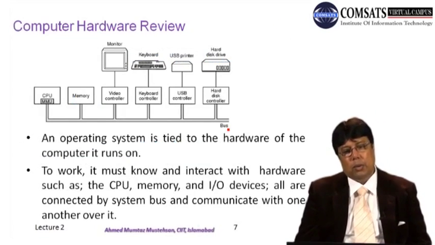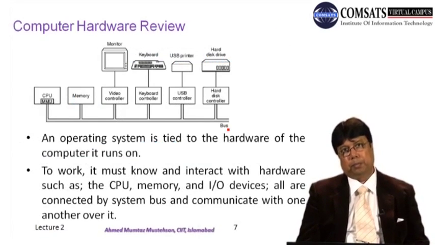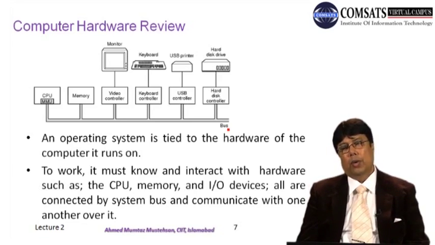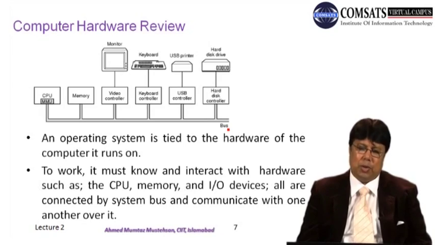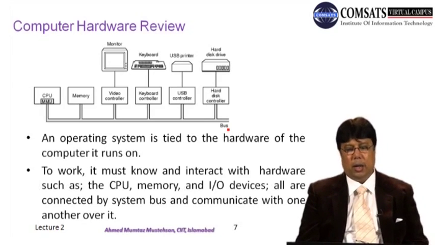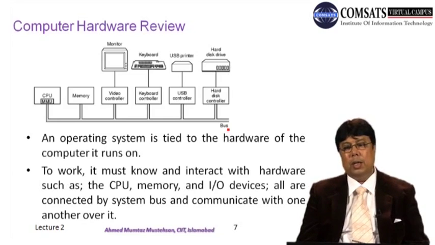Now this is a good time to talk about the hardware, because in order to understand the operating system, we need to review the hardware also. A very primitive, very abstract model of the hardware is the figure you can see on the slide, where all the devices like the CPU, memory, and I/O devices are attached together with the help of a single bus, called the system bus.